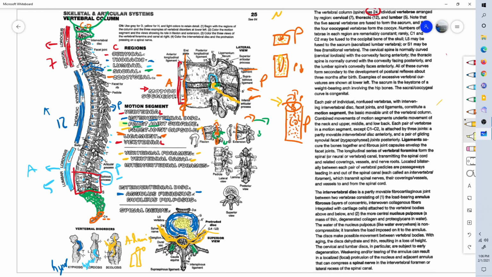Obviously, or perhaps not obviously, this is a very peculiar place, because what if this disc, like we described below, decides to burst? What if the nucleus pulposus decides to spill the jelly from the donut, decides to come out, breaks through the annulus fibrosus, and begins to impinge and press on this nerve and take up all the space in the intervertebral foramen.